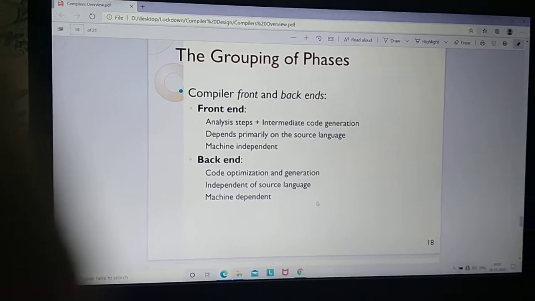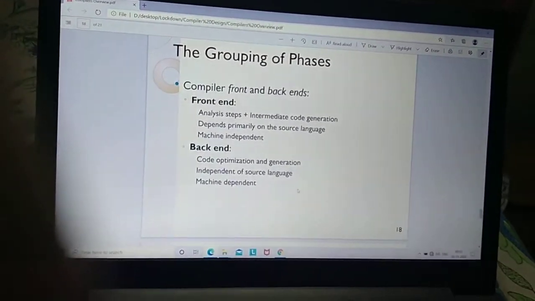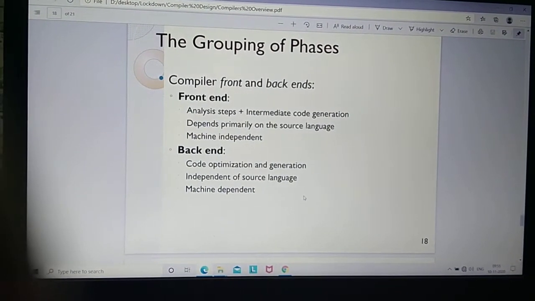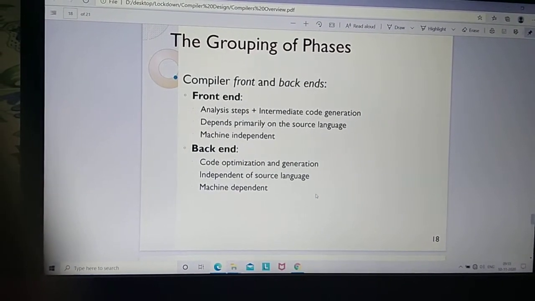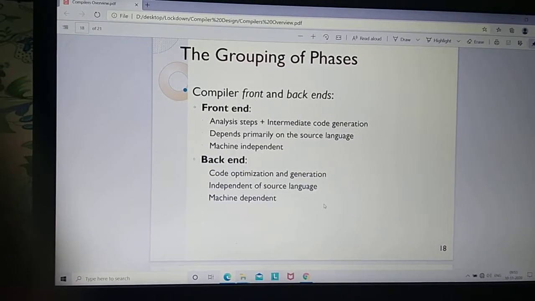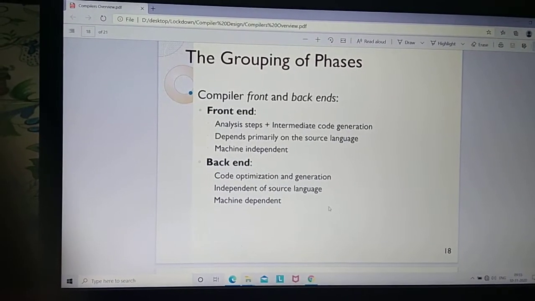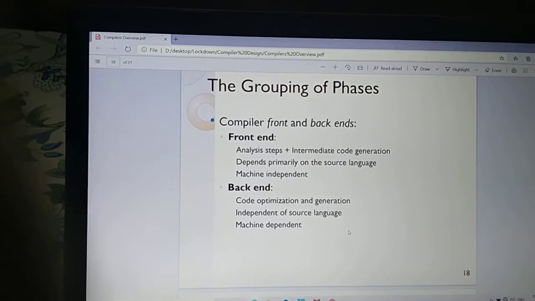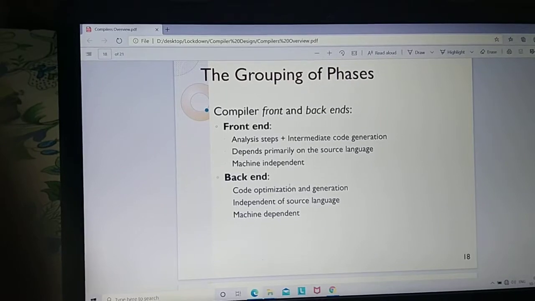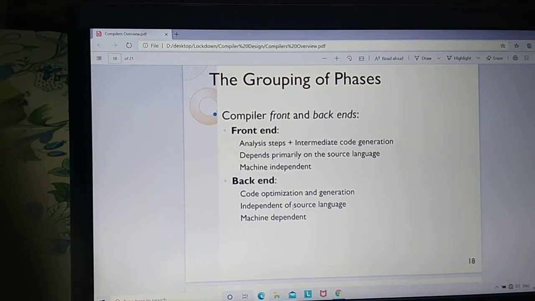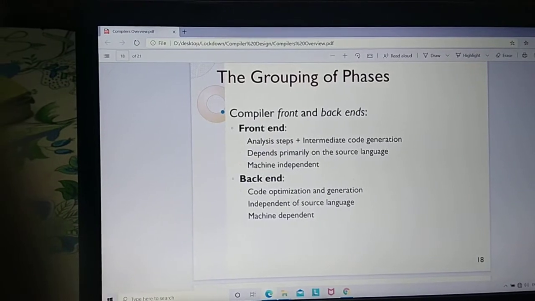Now basically all the phases of compilation we can divide into two parts. One is the front end and another is the back end. The analysis phase is the front end. So lexical analysis, syntax analysis, and semantic analysis are the front end of compilation, and intermediate code generation, code optimization, and code generation are the back end of compilation.